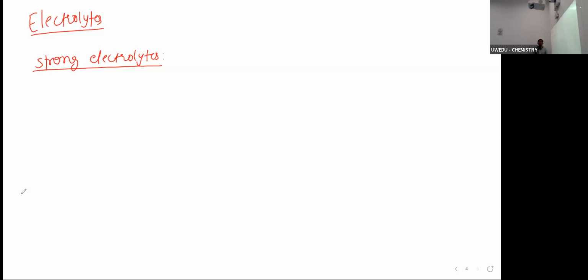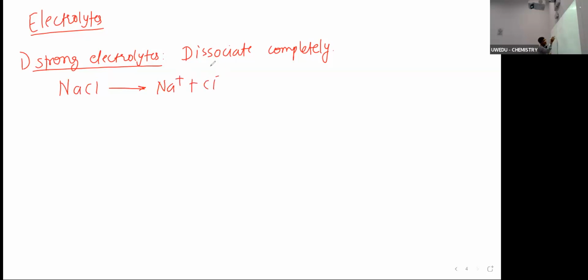Strong electrolytes means the compounds or electrolytes which dissociate completely. So there is complete dissociation. When you have NaCl, NaCl dissociates into Na plus and Cl minus completely.